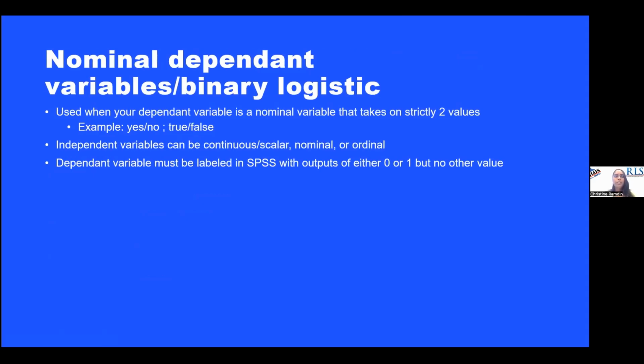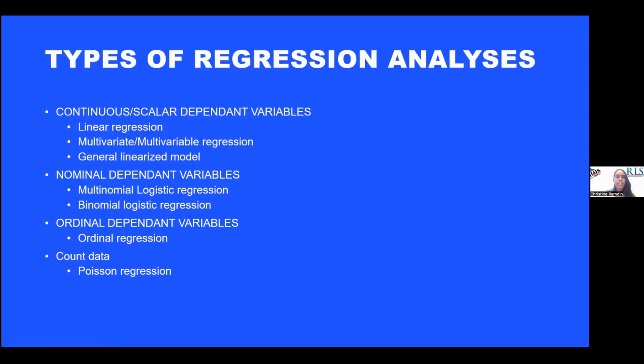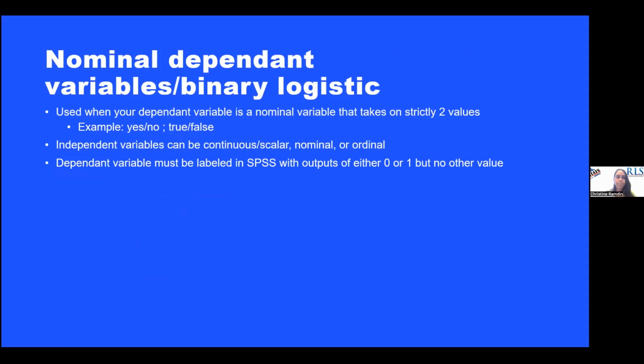Okay, so when we're dealing with the case of nominal dependent variables, there are two different types, right? There's your binary logistic regression or binomial logistic regression, and then there's the multinomial logistic regression. A lot of this sounds complicated to remember, but it's really just intuitive. When you break apart the word binary or binomial, what does that mean? It means two, right?